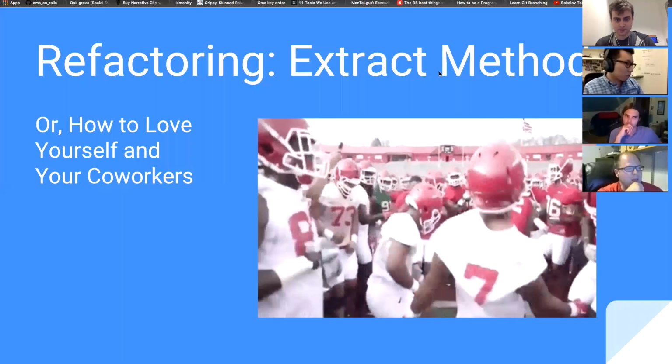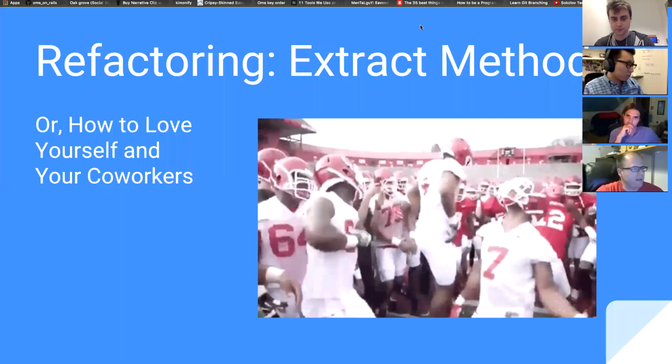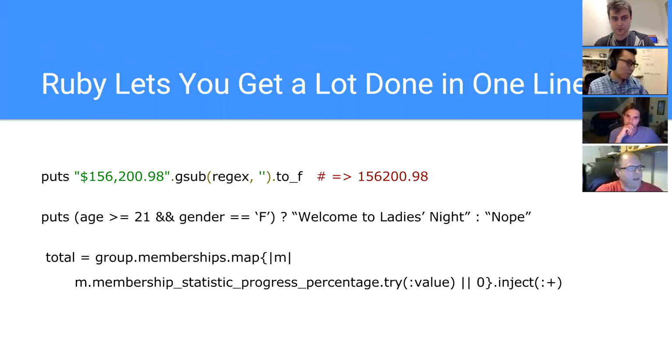I work on a team, and we've gradually been getting into this more and more. I don't want to make it sound more fancy than it is, but the blessing and the problem of Ruby is that it's possible to be very clever and get a lot done in a very short amount of space. So when you write code or you read code, you always come across things that are doing a lot in one line, or maybe a lot in two lines.